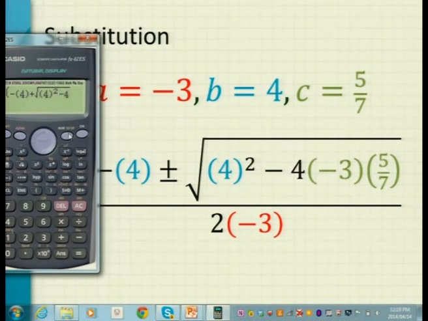Minus 4, bracket, minus 3, bracket, another bracket, open a bracket. Now I've got 5 over 7. That means 5 divided by 7. So inside that bracket, I just say 5 divided by 7, close the bracket. Now I've got that whole lot in there, but I must close the big bracket again. Same procedure.